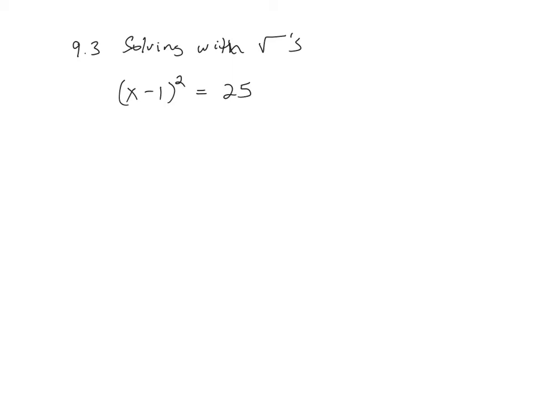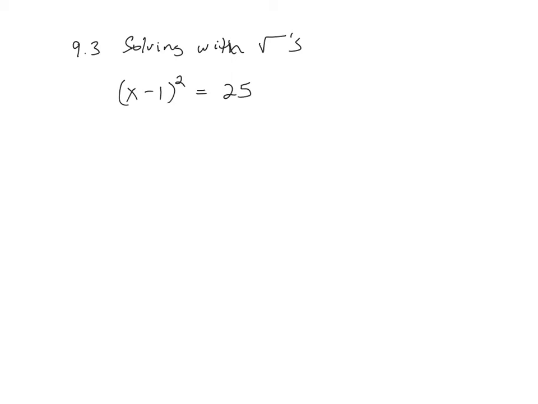And so the idea is we want to solve for x, right? We want x equals something. When you have parentheses like this with something squared, it's just as if it was x squared, not the x minus 1 squared.